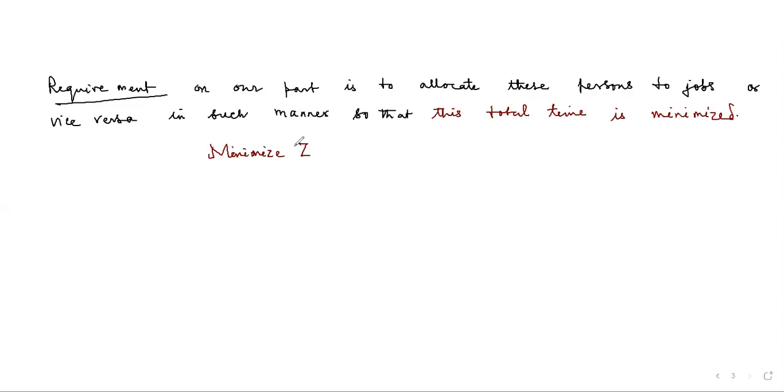the total time which I represented by z, and if I want to write it in a compressed manner, it will be double summation over i goes from 1 to n, j goes from 1 to n, x_ij t_ij. One can also write it as double summation j goes from 1 to n, i goes from 1 to n, x_ij and t_ij.